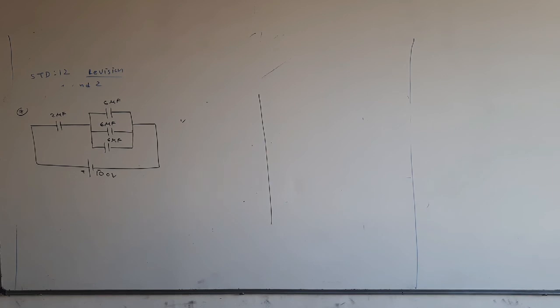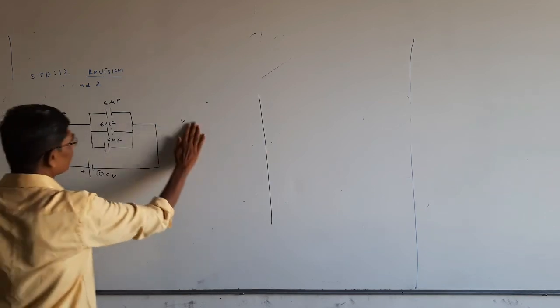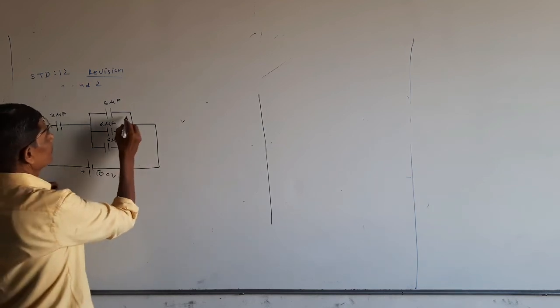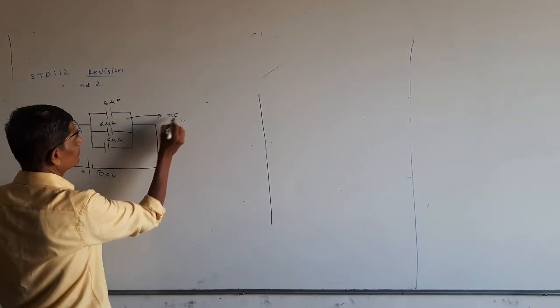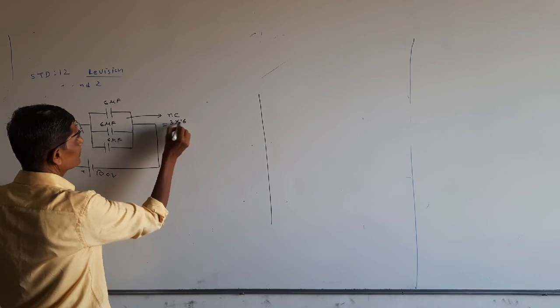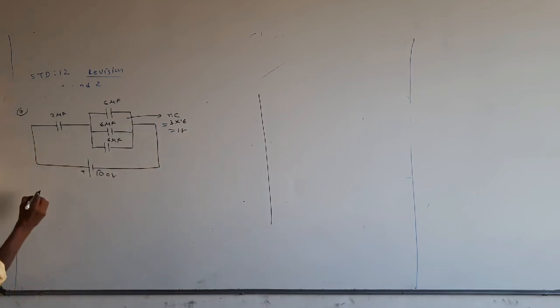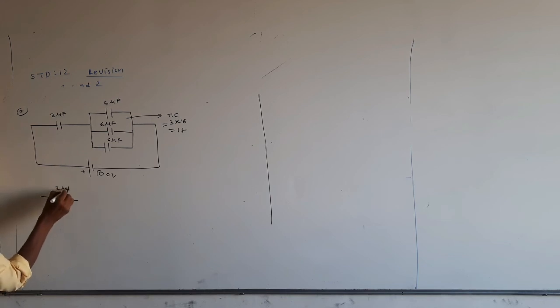First we calculate the equivalent capacitance of the system. Here the capacitors will be in parallel, so it will be NC. N is equal to 3, and with 6, that is 18 microfarad. Now 2 microfarad.